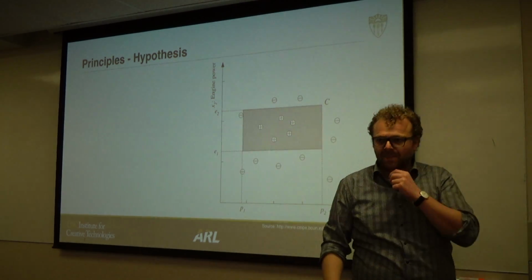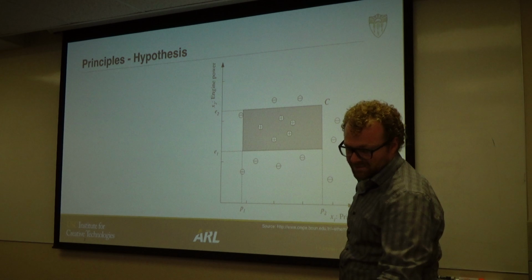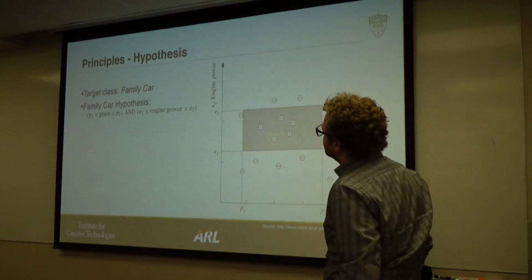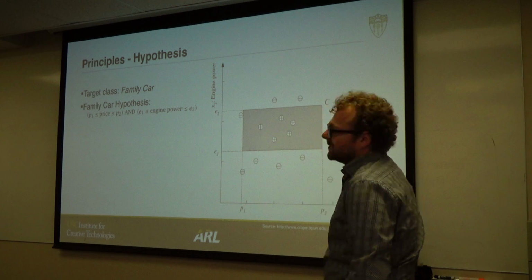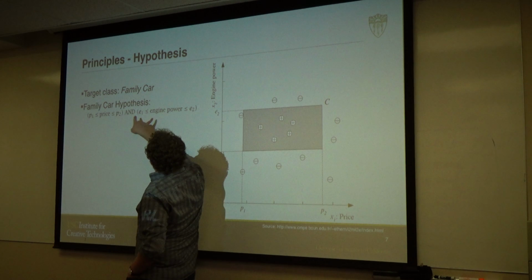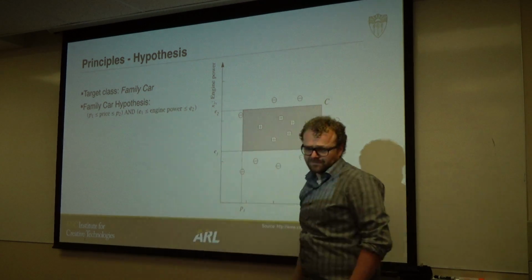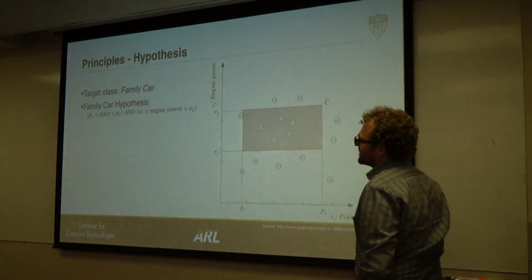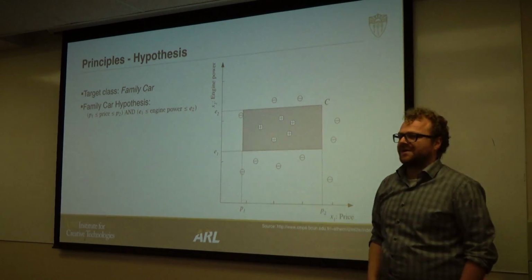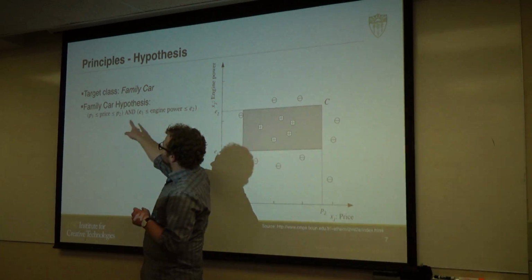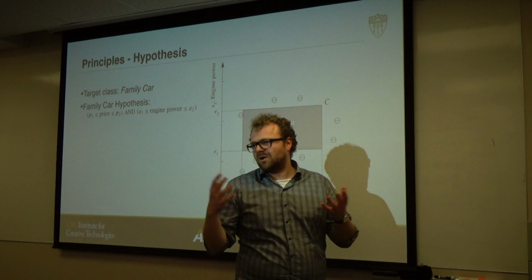Yeah? And then the hypothesis looks like this. Right? So we need to learn these 2 and these 2. Okay? So that's all we have to learn for this, and that's the hypothesis space of having 2 intervals that define something. That's a hypothesis space.